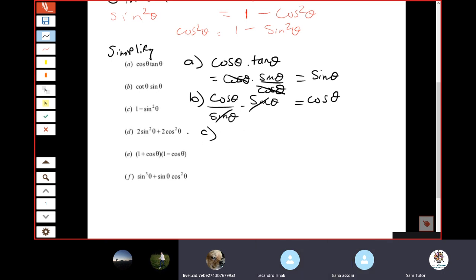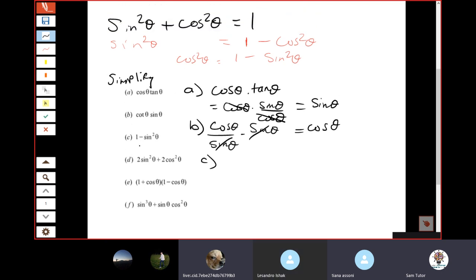All right, Daniel, your turn. 1 minus sine squared. What is it equal to? Isn't sine squared equal to 1 minus cos squared theta? Yes, but then isn't 1 minus sine squared theta also equal to cos squared? So what does 1 minus sine squared theta become?